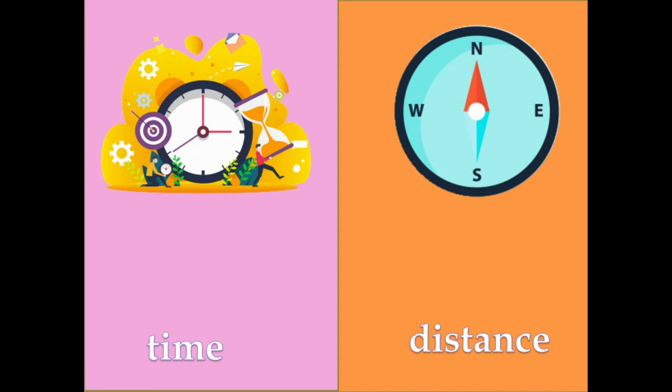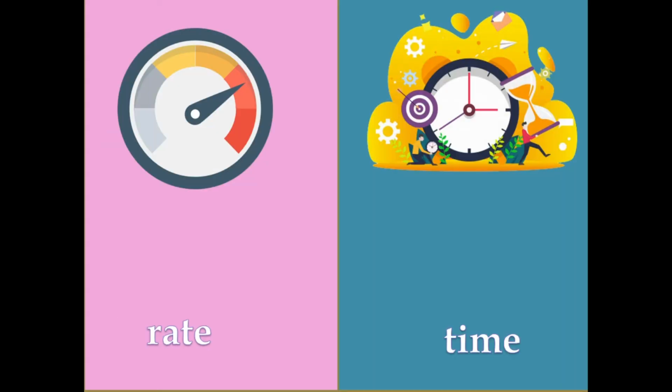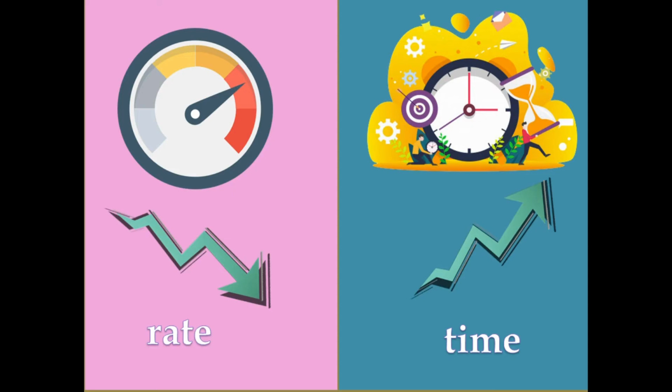Moreover, if the time at which they were walking increases, the distance also increases. However, if they slow down or the rate decreases, then the time at which they were walking increases.